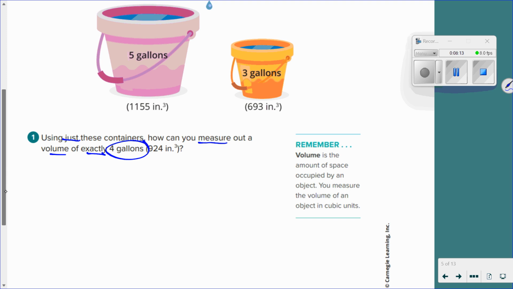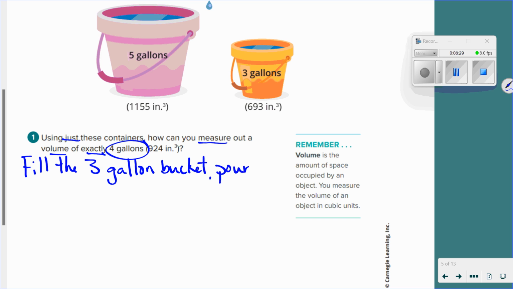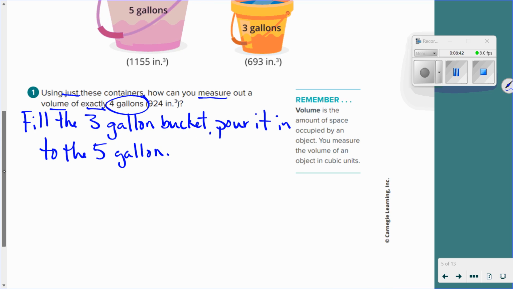Okay, what I'm going to do, I'm going to fill the 3 gallon. You guys should be writing this down. Pour it into the 5 gallons. Everyone's pencil should be moving. That's actually important because I now know I have exactly 3 gallons in the bucket, yes? Okay? Then I'm going to fill the 3 gallon.